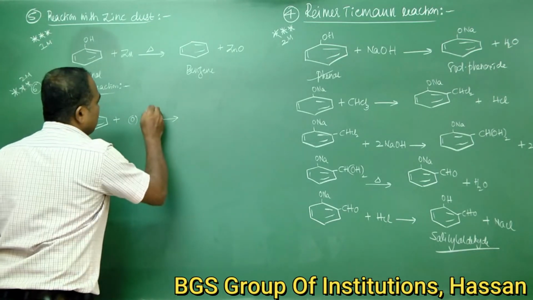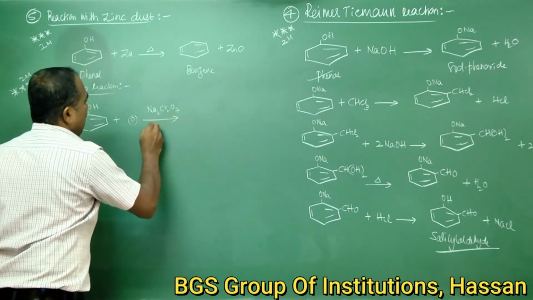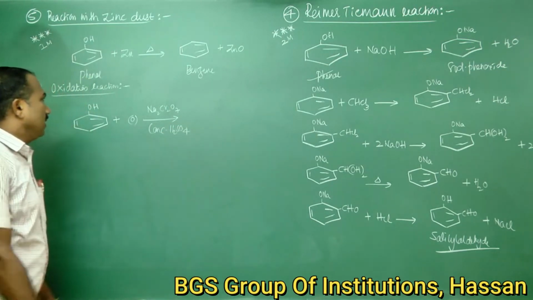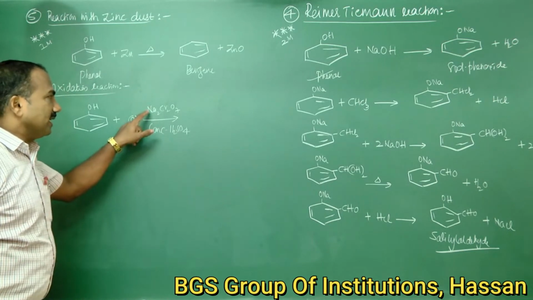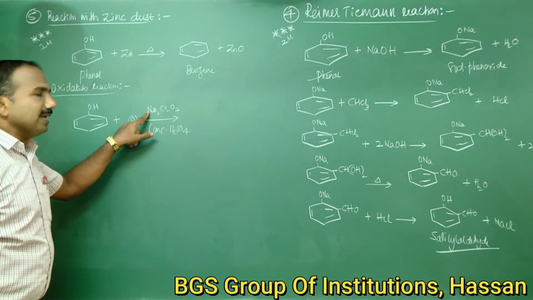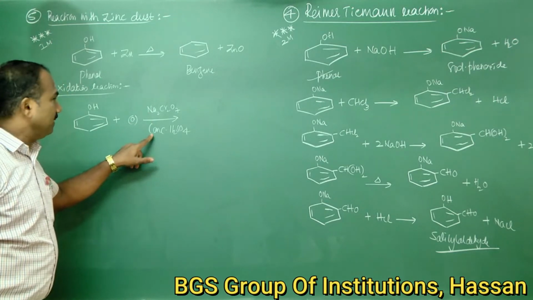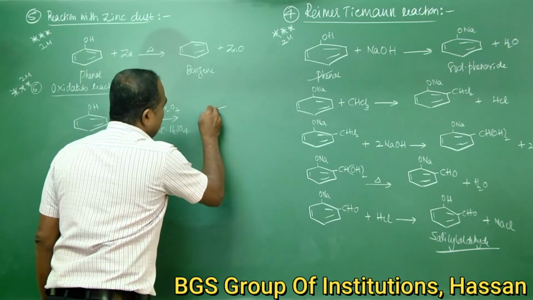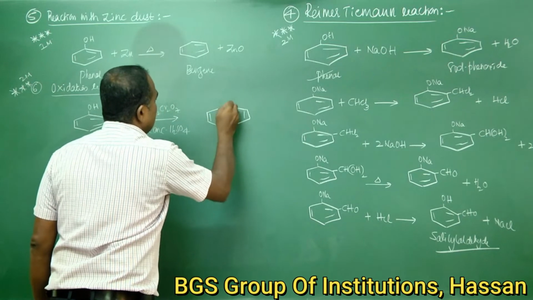acid. Chromic acid is nothing but sodium dichromate Na2Cr2O7 and concentrated sulfuric acid. So phenol on oxidation with chromic acid in presence of concentrated sulfuric acid gives conjugated diketones.